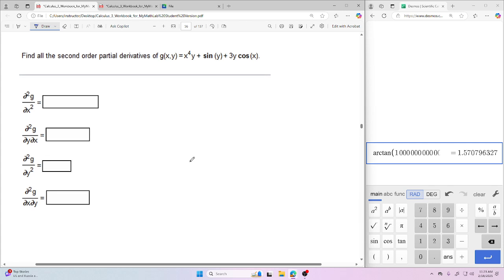Anyways, this one's a lot. And that's okay. Notice that they want the second derivative, but in all the different manners, right? Because we can have xx, yy, yx, xy, all the different ways. So let's do that.